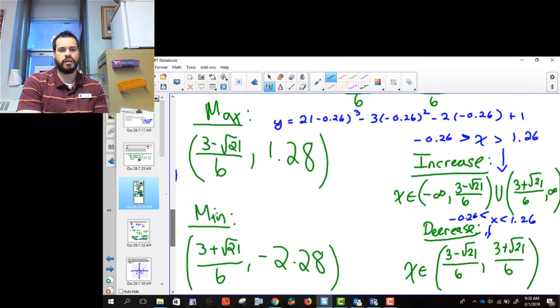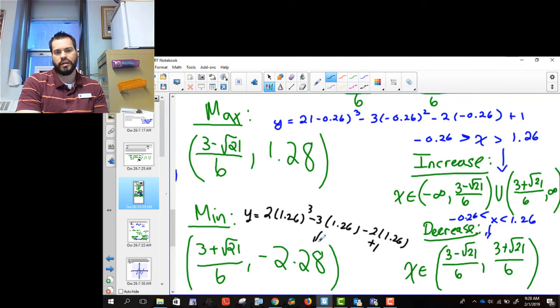So I'm just plugging in again. I'm going y equals 2 times 1.26 cubed minus 3 times 1.26 squared minus 2 times 1.26, and then plus 1. And if you do that, you get negative 2.28. Now, that's just finding the 2 points. So I know now that there's a maximum here and a minimum there.